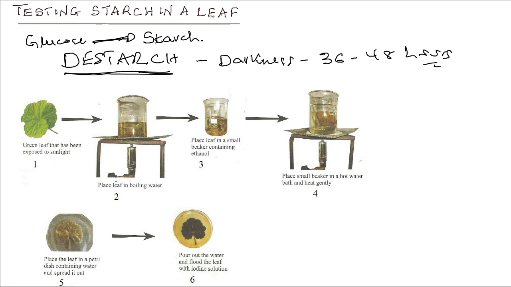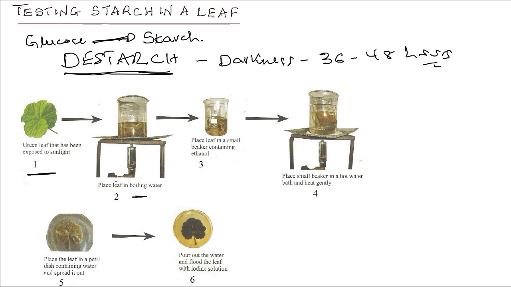Now, the following are the steps in testing for starch in a leaf. The first one: you obtain the leaf from the plant that has been exposed to sunlight for a period of about 4 hours. Then you place it in boiling water.